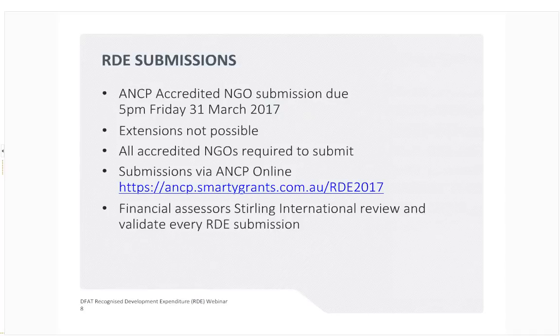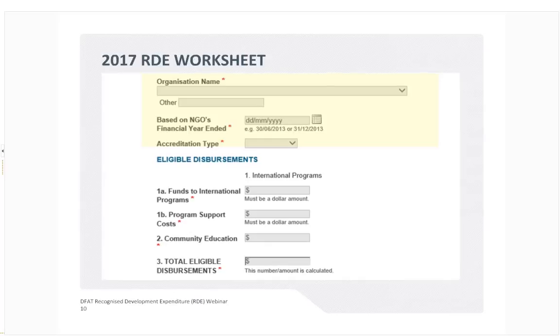You can't go through the normal spot you go through to do your ad plans. That's correct. Where you'd find your ad plans would be at ancp.smartygrants.com.au. If you log in there, you just see anything you've submitted previously, but you must add /RDE 2017 to get to the new RDE submission sheet.